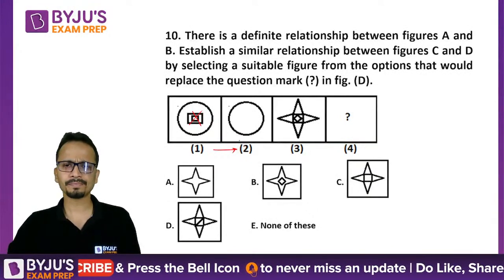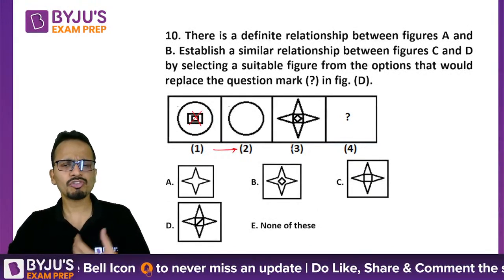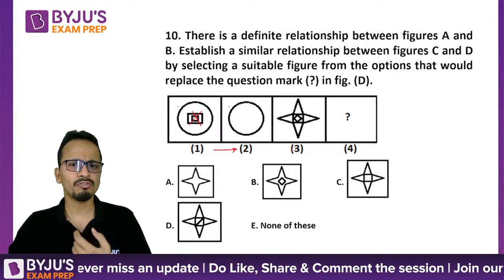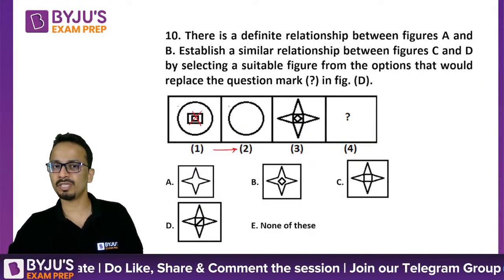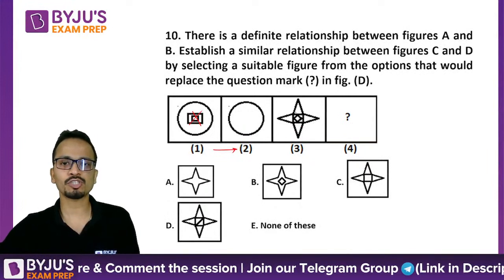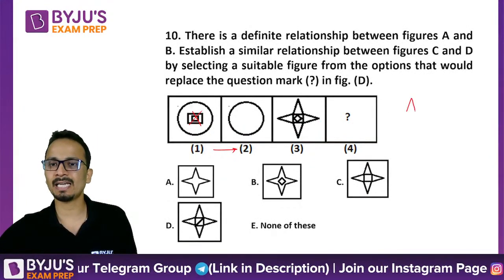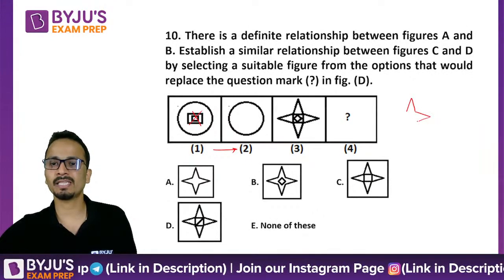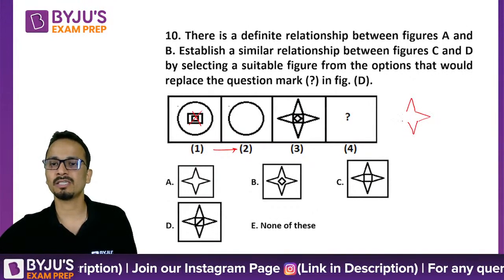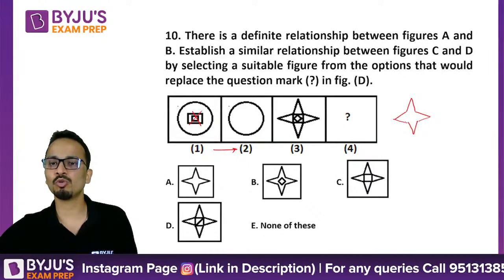Okay. Now let's see which three shapes are present in figure number 3. In figure number 3, first of all, outside there is a leaf type of thing, something like this, which is present as the outermost figure.